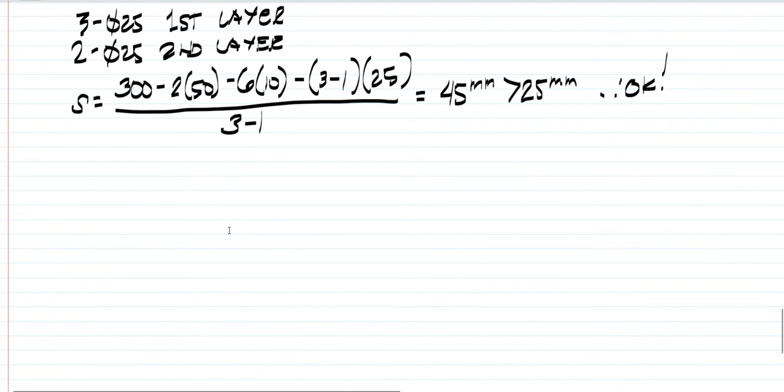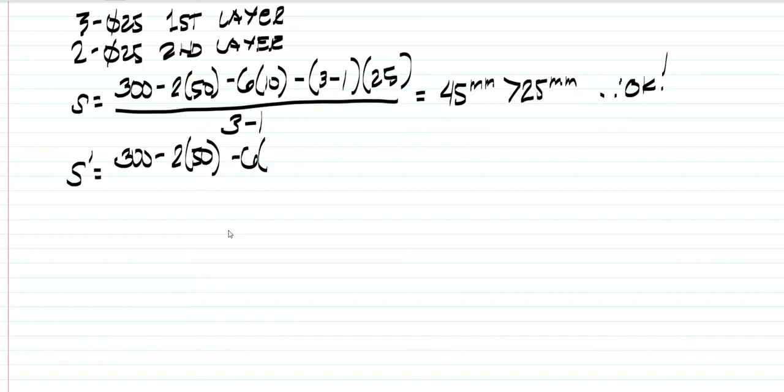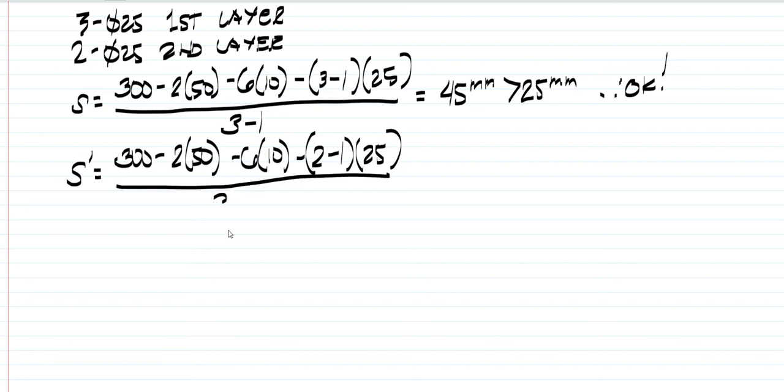Next, yung side naman ng compression, since dalawang bars lang yun, and pumasok sa spacing yung tatlong diameter 25, so hindi na natin i-check kasi alam na natin na papasok din naman yon sa spacing. So, kung pinapahanap lang, so kunin na din natin S prime is equal to 300 minus 250 minus 6 na 10 minus 2 minus 1 times 25 divided by 2 minus 1.